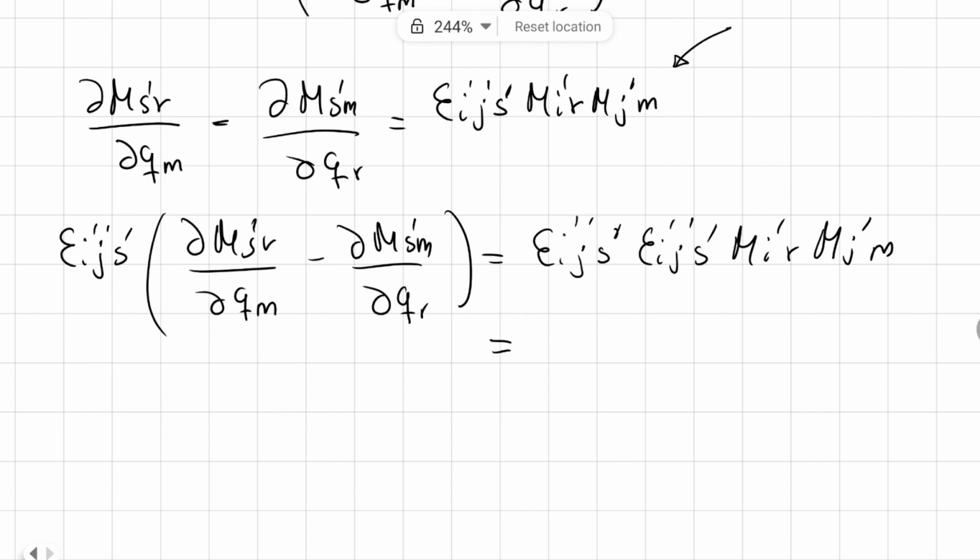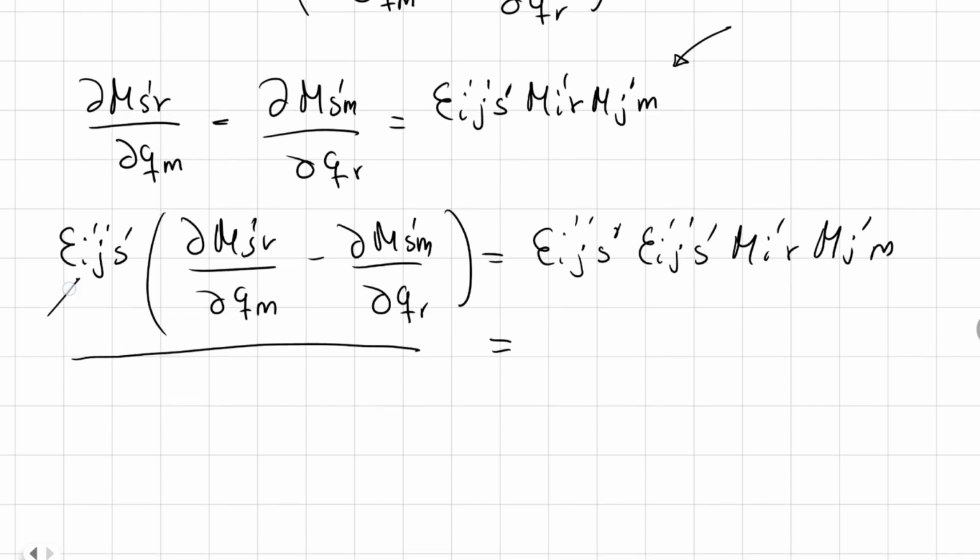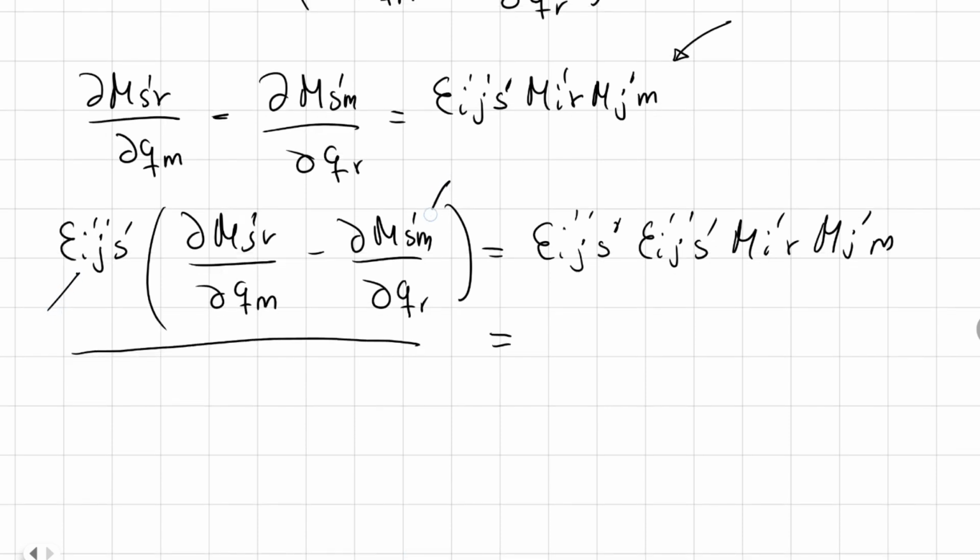Well, first of all, look that in this expression, the I and the J are free indices. So we can just switch them for maybe an L or an M. No, an M no, because we already used it. But let's say, for example, an L and an N, and nothing happens.